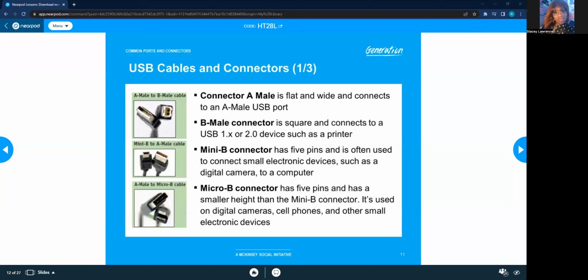Mini B connector has 5 pins and is often used to connect small electronic devices, such as a digital camera, to a computer. Micro B connector has 5 pins and has a smaller height than a mini B connector. It's used on digital cameras, cell phones, and other small electronic devices.